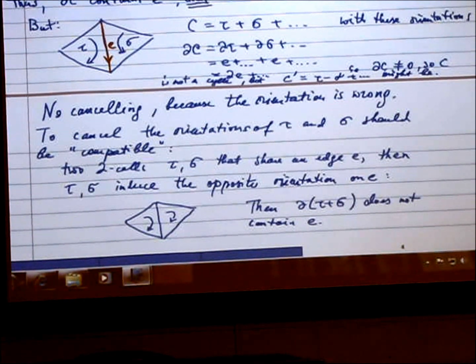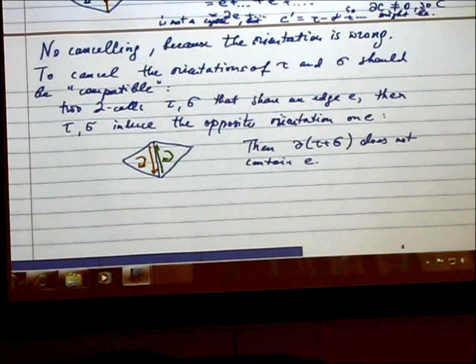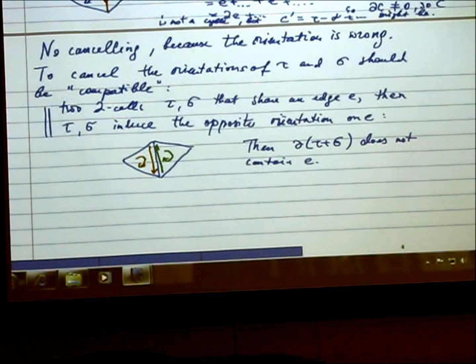Right? Let me maybe clarify this. Going clockwise, it induces this orientation on E. And if I go also clockwise with the other one, then this is the orientation on E. If this is possible, and that is the big question, then here we are.